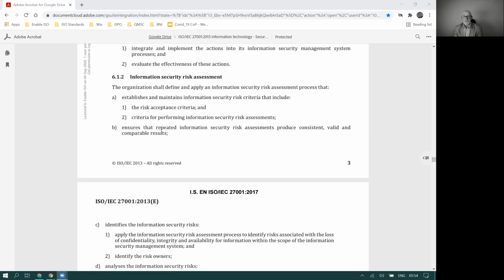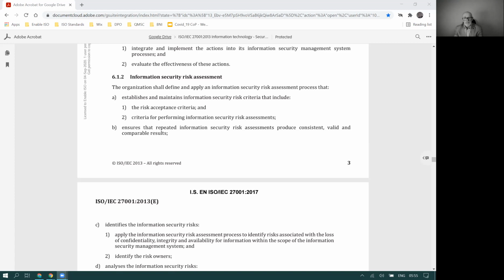So let's pause there for a moment. I think Enable ISO customers will be familiar with the organizational risk and business continuity policy. That establishes the criteria that this particular clause is looking for. So it sets out the framework and it describes the process for carrying out risk assessments and so on.